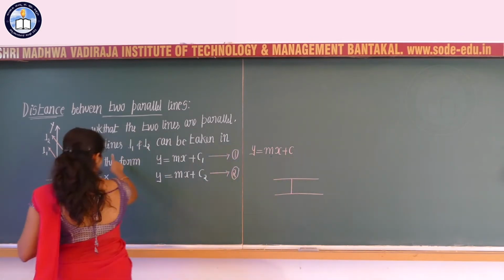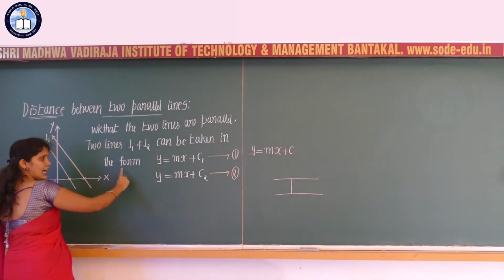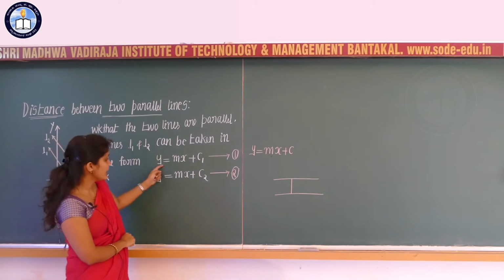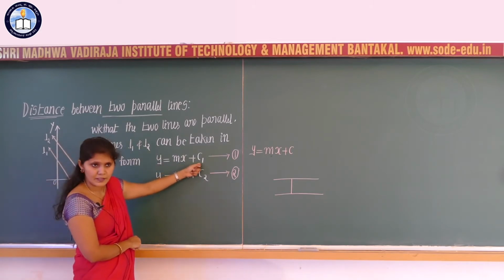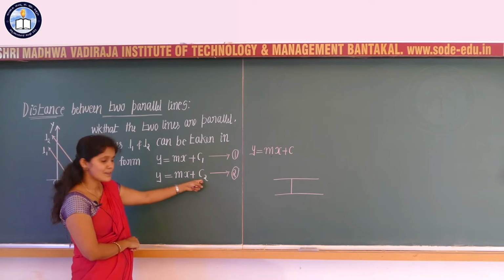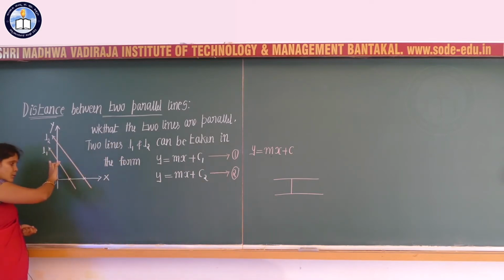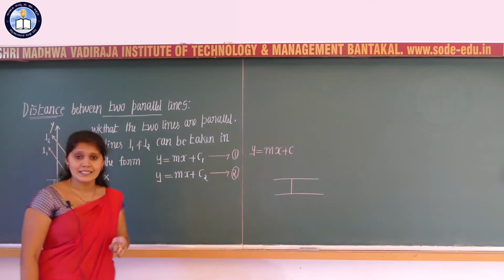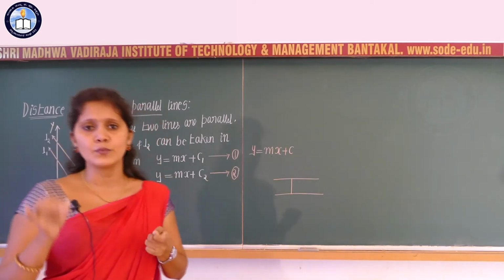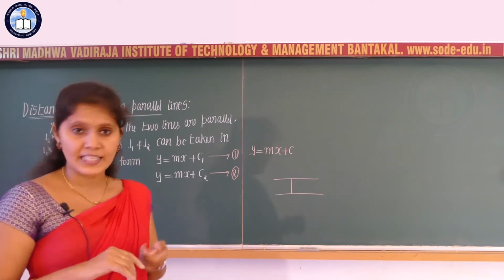So two lines L1 and L2 can be taken in the form y = mx + c1 and y = mx + c2. This c1 is the y-intercept from the origin to this point, and from the origin to this point it is C2. C1 and C2 represent the y-intercepts of the first equation and the second equation.